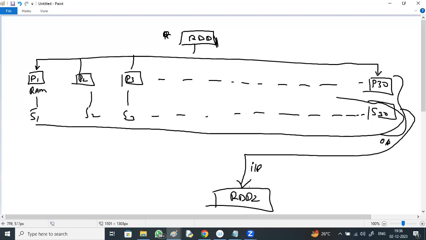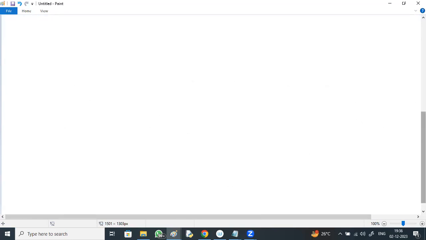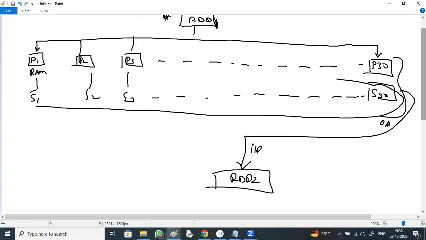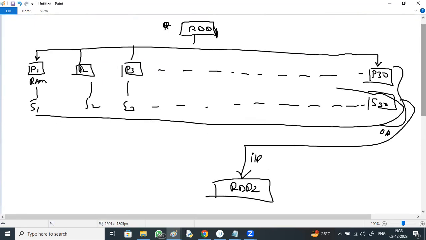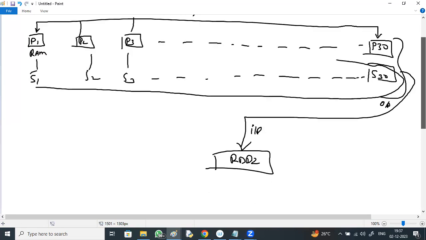The output is taken as input by RDD2. Both RDD1 and RDD2 are not executed parallelly; until RDD1 execution is finished and its output is given as input to RDD2, RDD2 will not be computed.